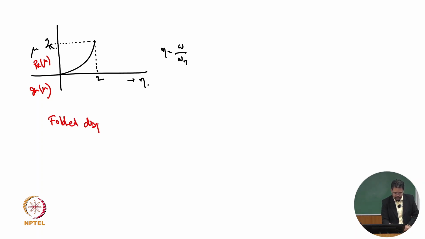The previous one is the unfolded dispersion plot. All the mu's we are looking at, it's a full general solution. But in unfolded, we do not have the complex part. That is also an important thing. In the folded, we can have the complex part as well.